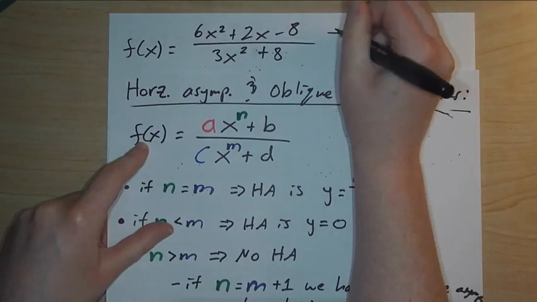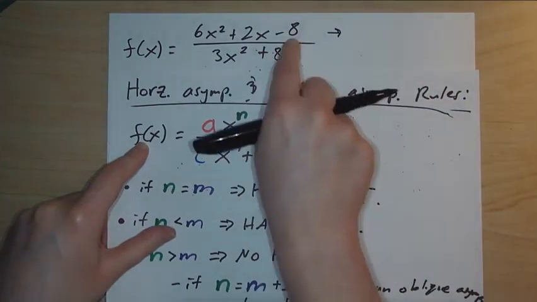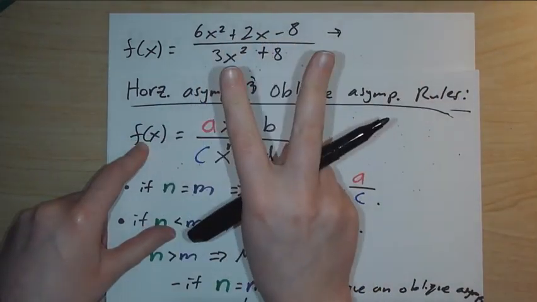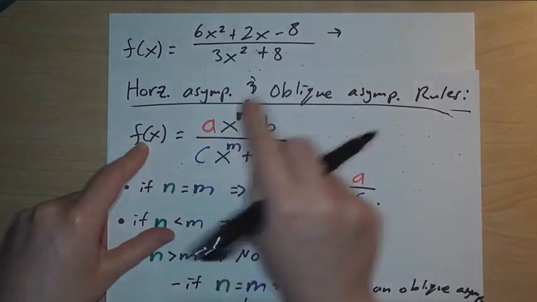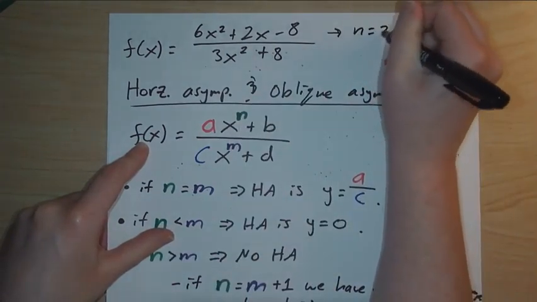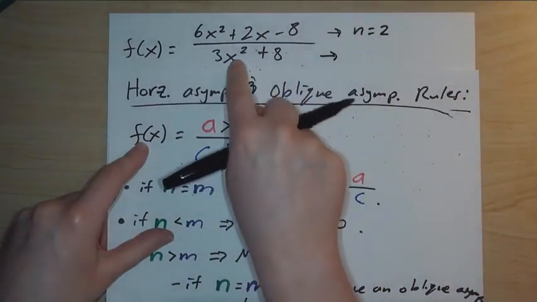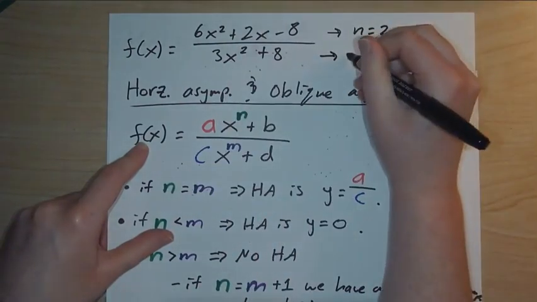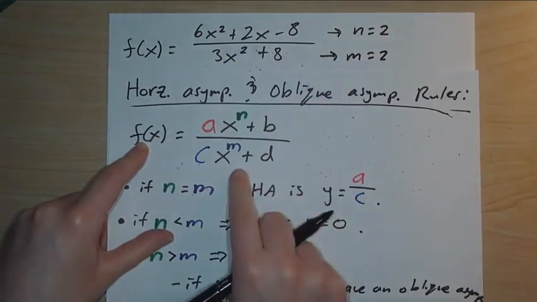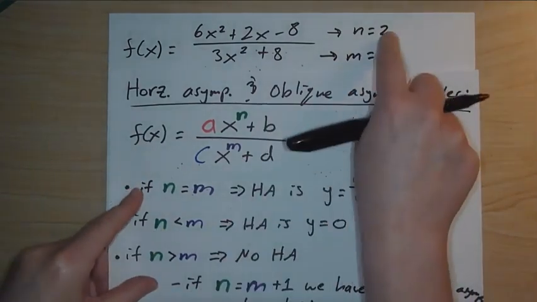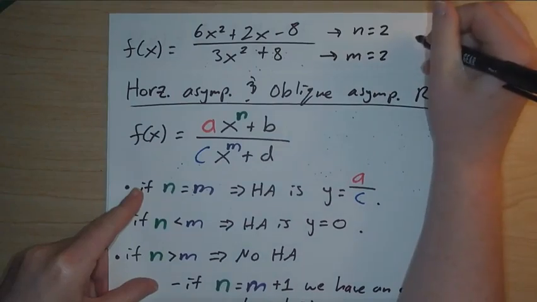So here the polynomial is degree 2, or you can say our n equals 2. And here, our biggest x is also 2, so our m is 2. So 2 is equal to 2, n is equal to m.